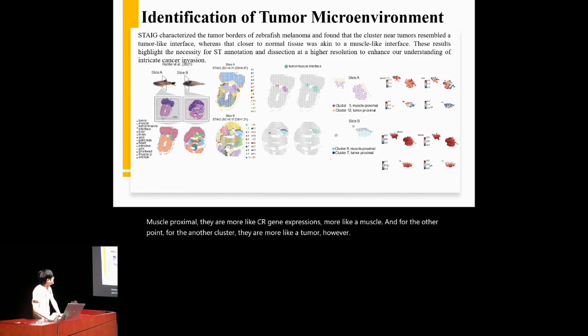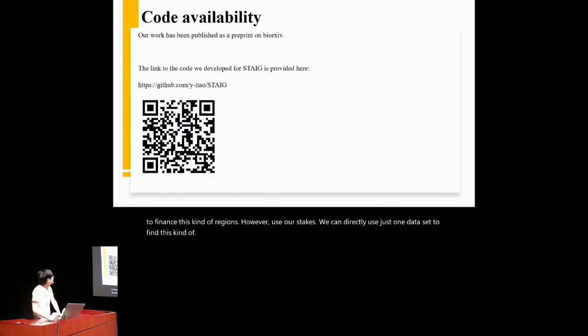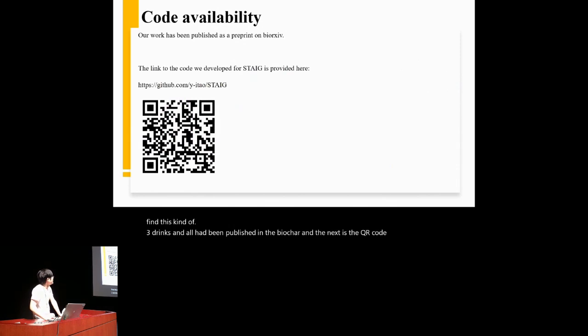However, in this type of data, other methods need to combine with single-cell RNA data to find this kind of region. With STAIG, we can directly use just one dataset to find these kinds of regions. Our work has been published on bioRxiv, and next is the QR code for our tool on GitHub, and you can try our method.